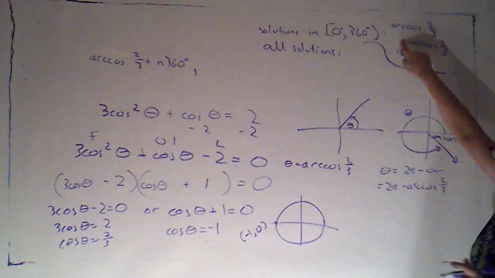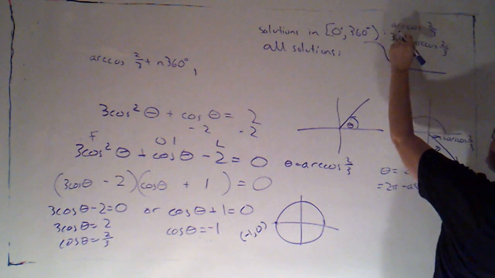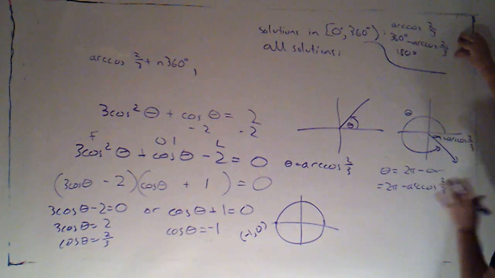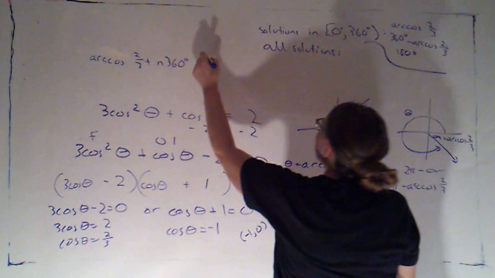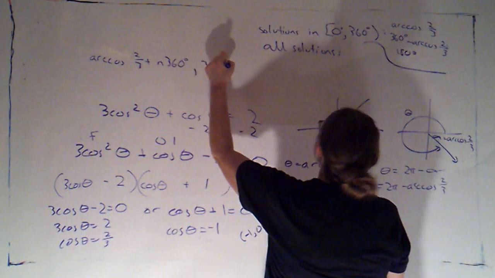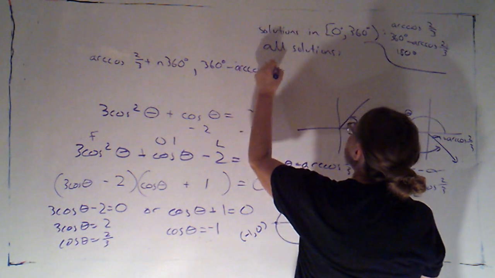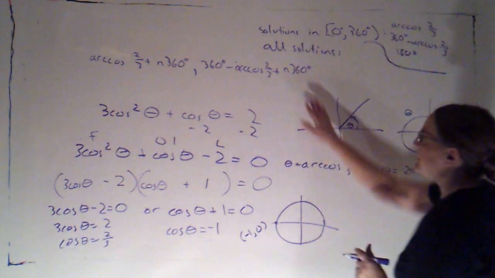Oh, and I'm sorry. Here I wrote 2 pi. I'm so used to working in radians. That should have been 360 degrees minus arc cosine of 2/3. My bad. We don't want to mix the two. If we're in degrees, let's stick with degrees. So I would have 360 degrees minus arc cosine of 2/3 plus n copies of 360.